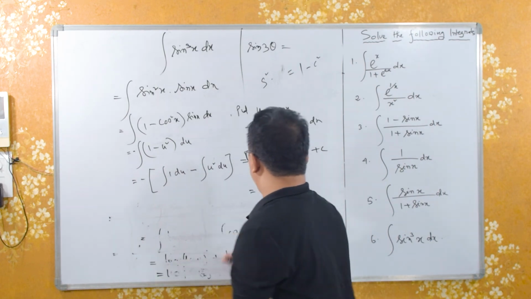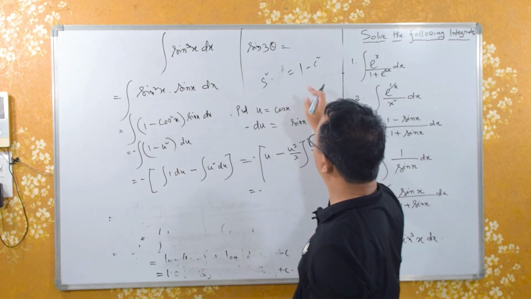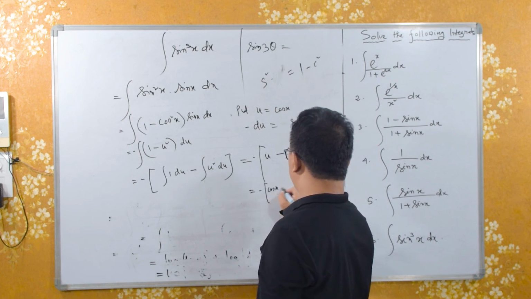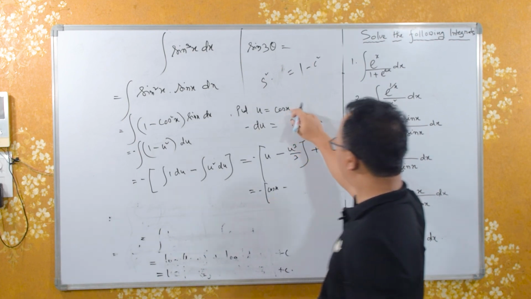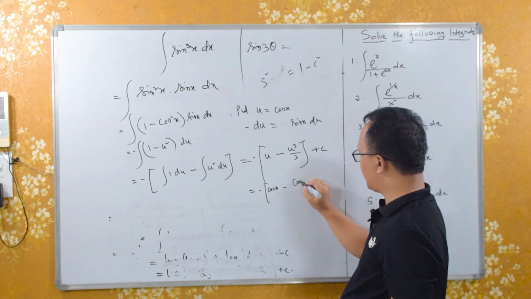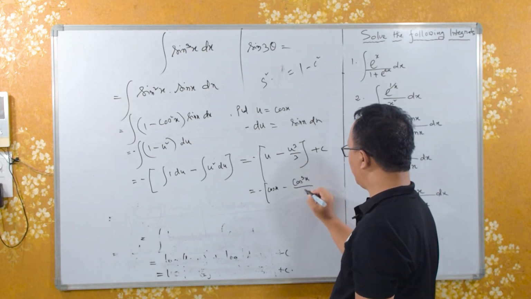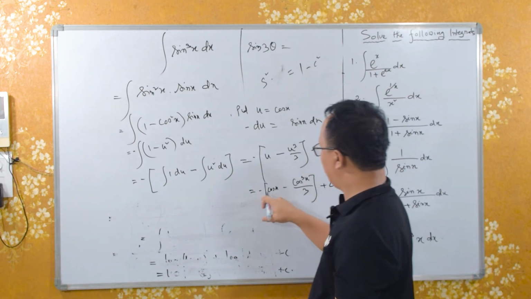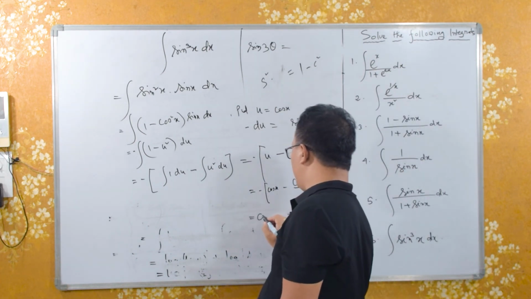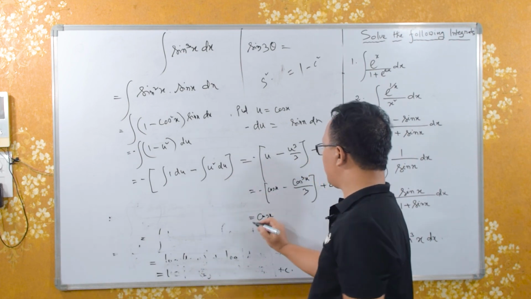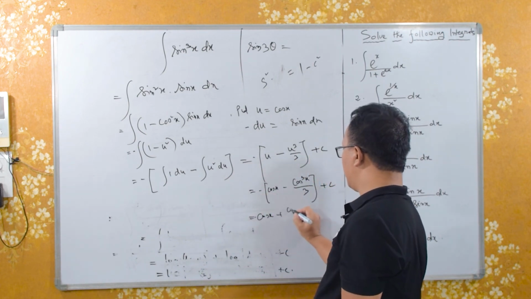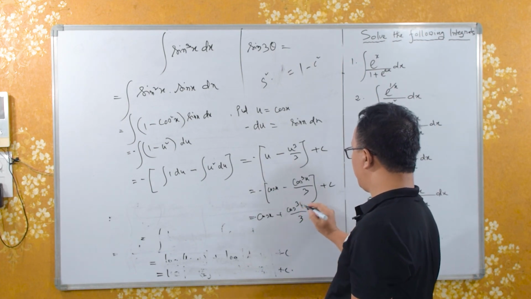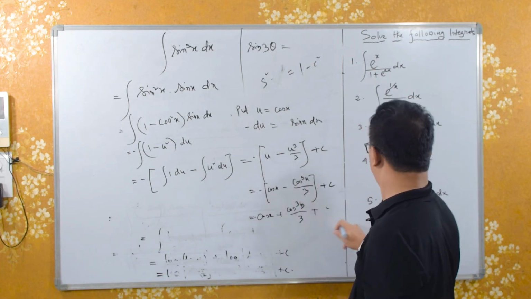U is cos x, and u cube is cos cube x. So minus of cos x minus cos cube x upon 3 plus c. You can send this minus inside: minus cos x plus cos cube x upon 3 plus c. This is the required answer for this.